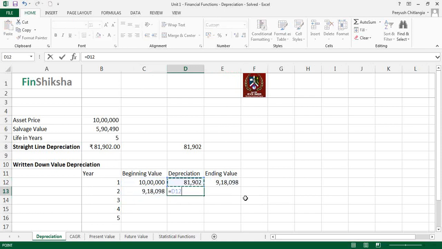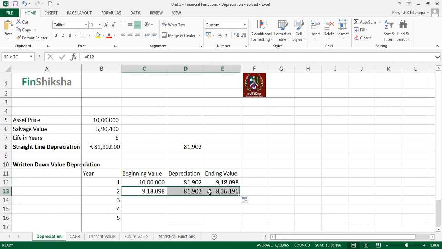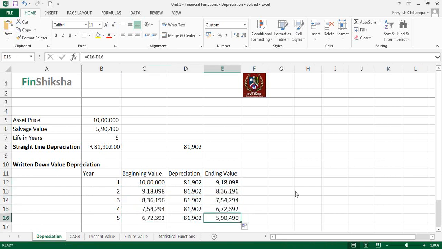The value will be equal to this one, and every year the same depreciation applies, and I can drag this formula lower, and we realize that the final year value at the end of 5 years is 590,490, which is what we had initially assumed in our calculations, right? So salvage value is where it reaches by keeping the depreciation amount the same every year. That's the straight line depreciation method, right?